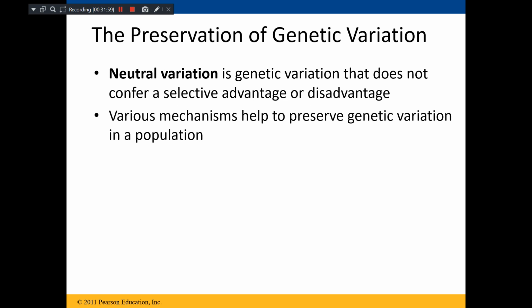Then, preservation of the genetic variation. There are many neutral genetic variations. These neutral variations do not confer any advantage or disadvantage. They are there, they are passed on, they continue sometimes, but they do not have any selective advantage or even disadvantage.